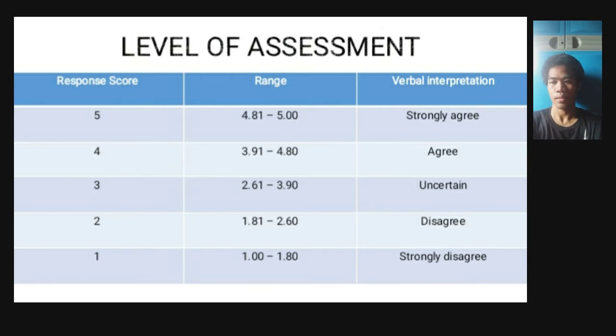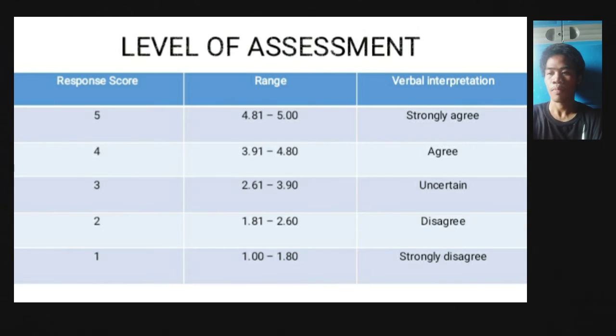Level of assessment. So, I have a table 2. For my response score, for number 5, the range is 4.81 to 5, which has the verbal interpretation of strongly agree. Next, 4. The range is 3.91 to 4.80, which is agree. Next, 3.